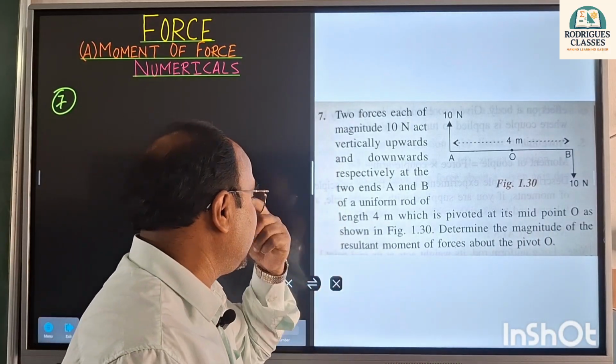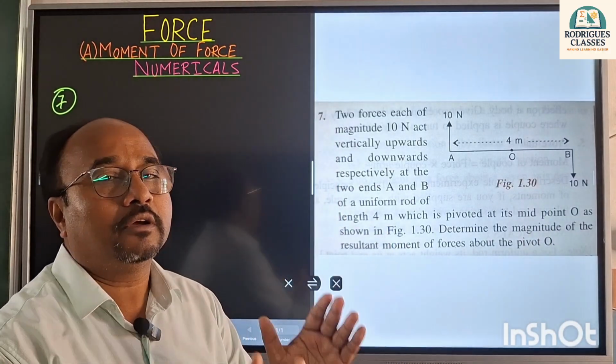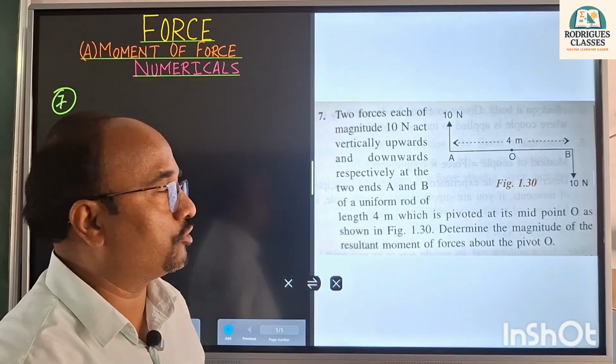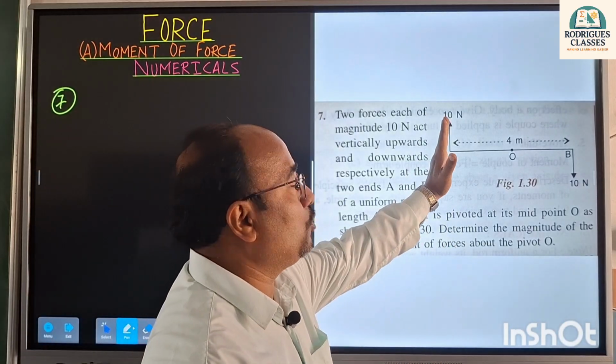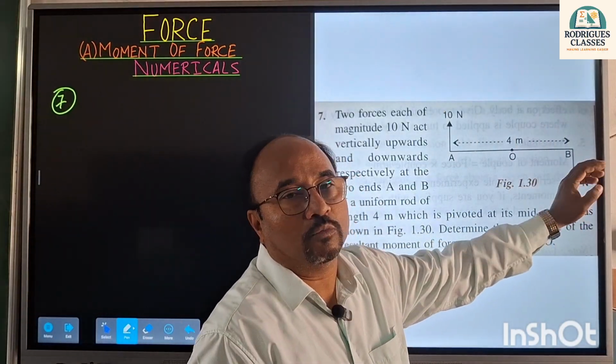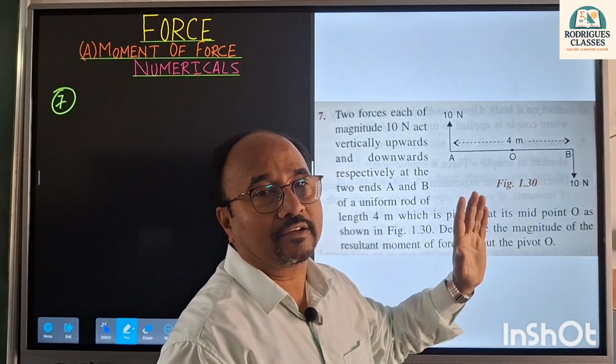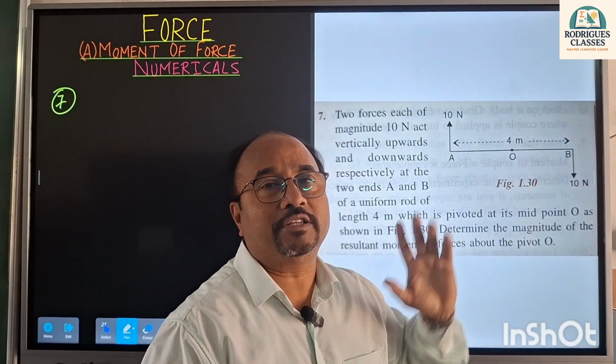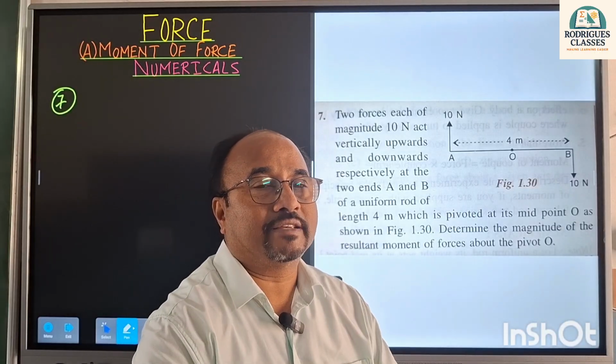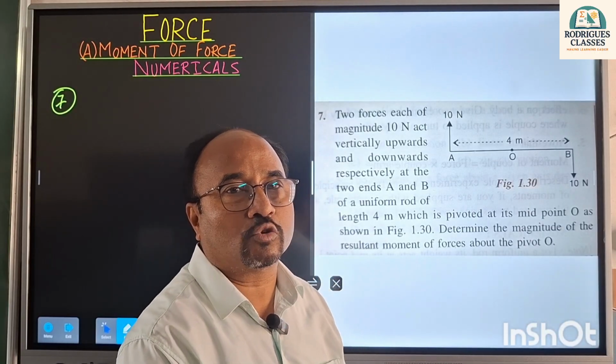So here they are asking the resultant moment of forces, but take a look at the question, how the question is here. 10 Newton upward, 10 Newton downward, two forces equal in magnitude, opposite in direction and parallel to each other. So this what I said belongs to couple.